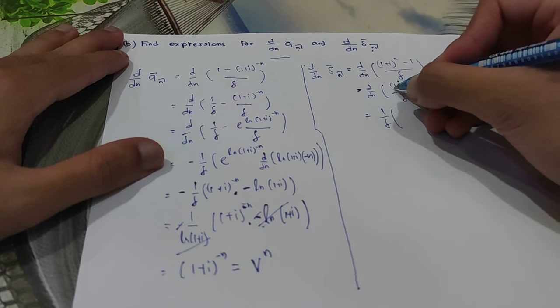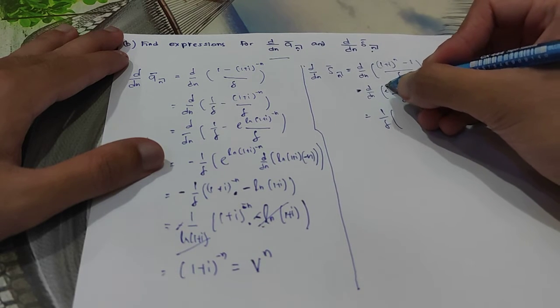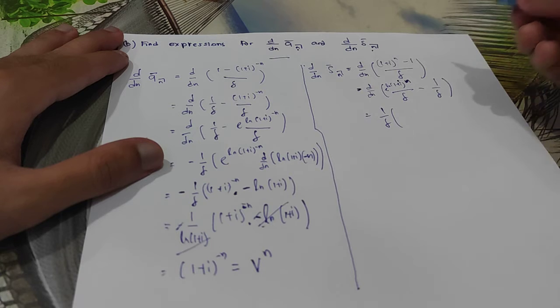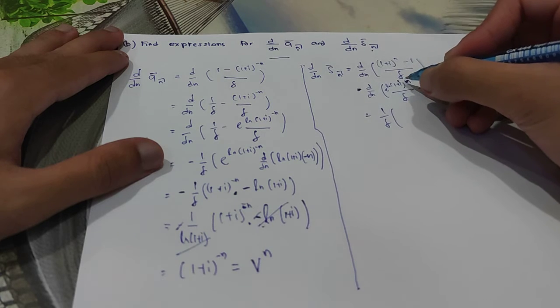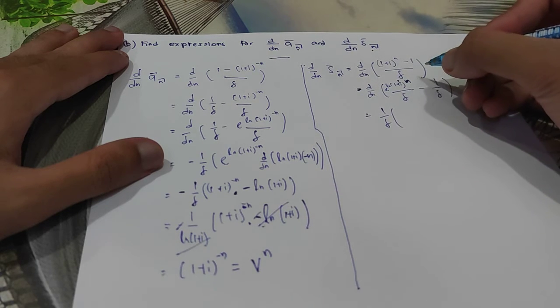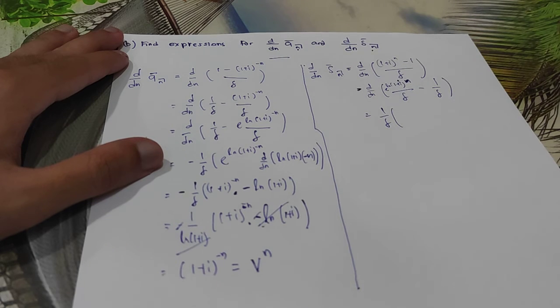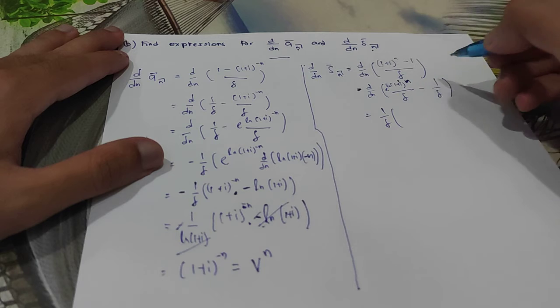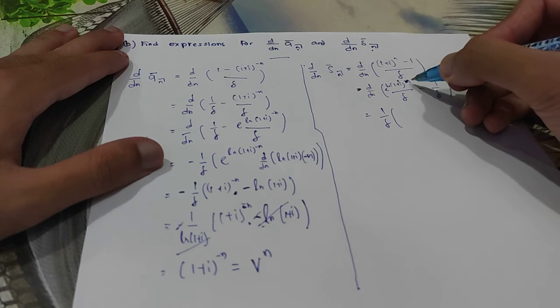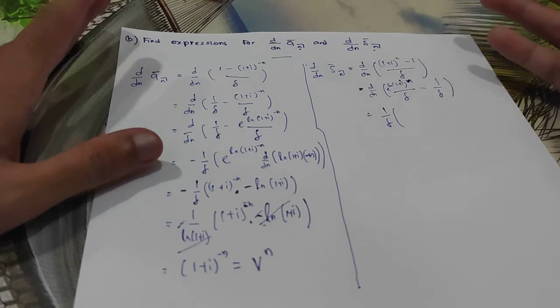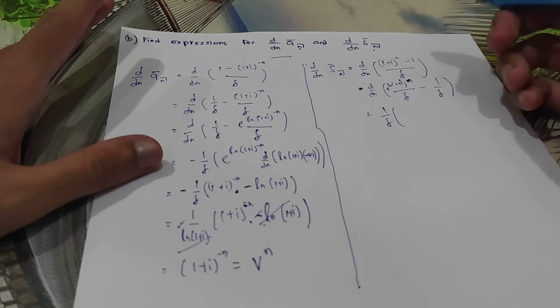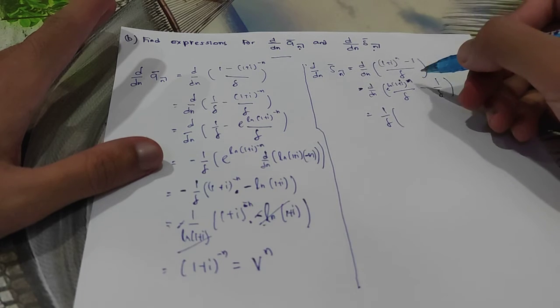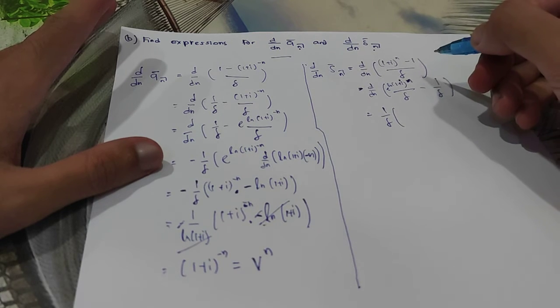For 1 over delta, we need to transform this first to e to the ln (1 plus i) to the power of n, because it makes it more convenient to solve, since the variable is in the power. It is difficult to differentiate normally when the variable is the power.